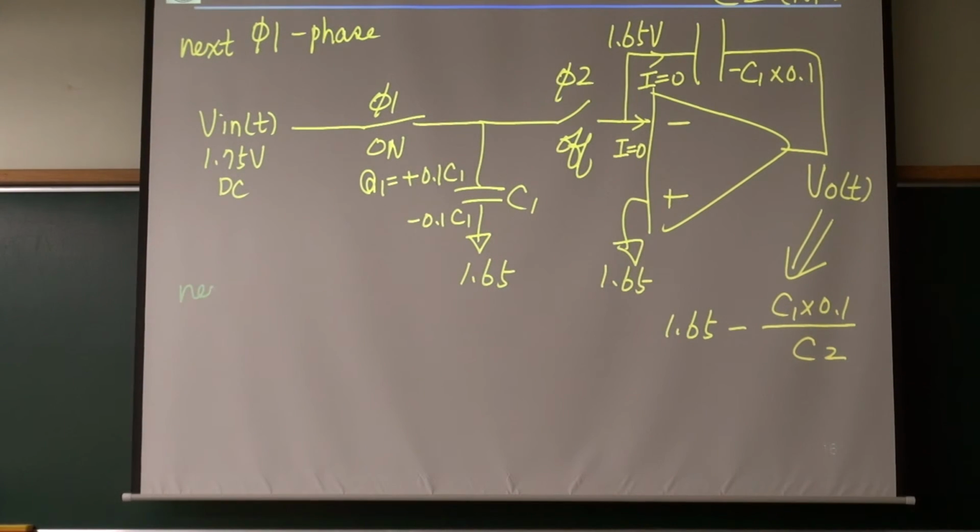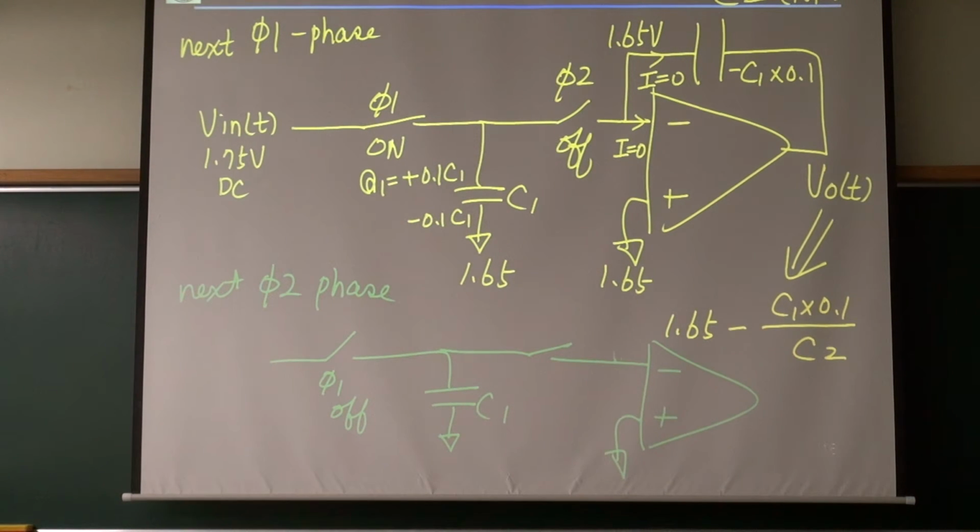Next, in the I2 phase, the same thing repeats. This I1 is isolated, it's off, right? This C1 charge will dump. This charge C1 times 0.1 will flow through here, and then it will be added here, right?